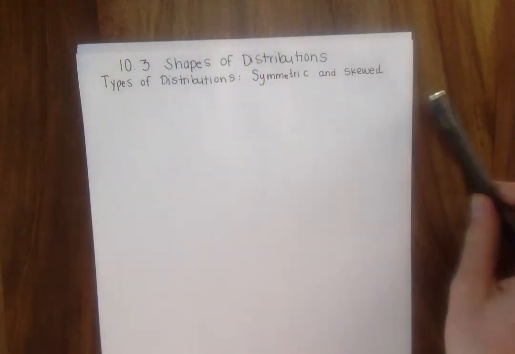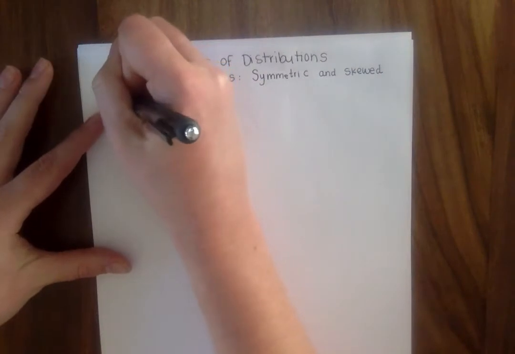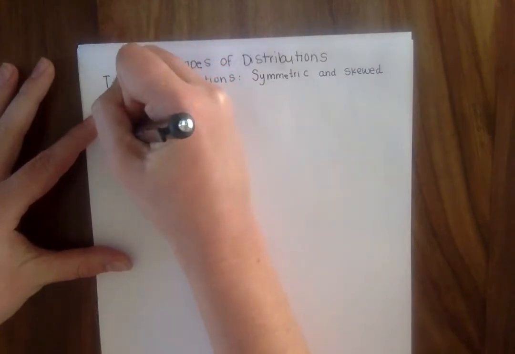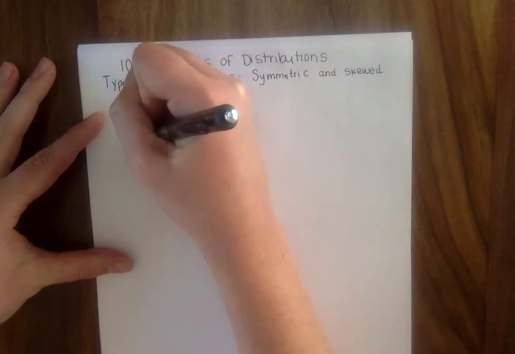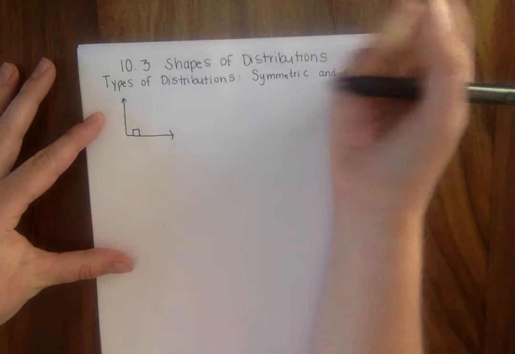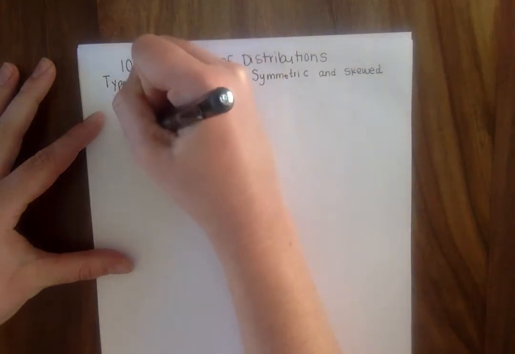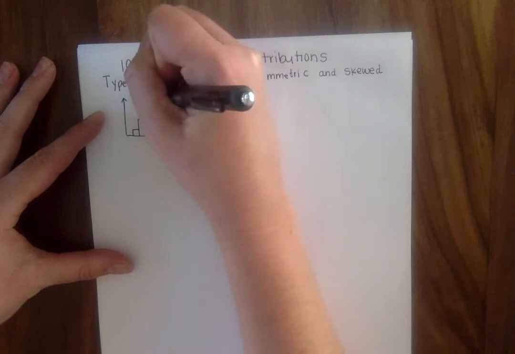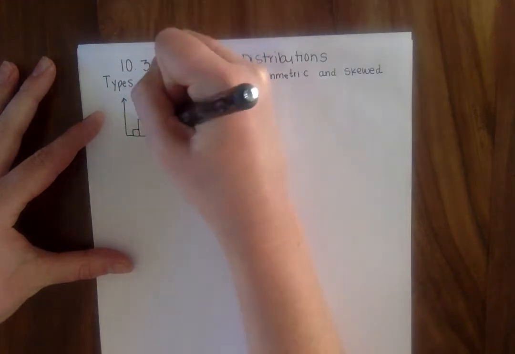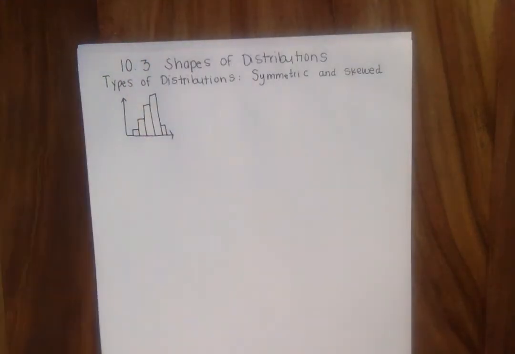Here's our first type of data distribution. If this was my histogram or bar graph, I'm building up my data, and it's building up strongly all the way to the right, and then I might have a little guy right here.